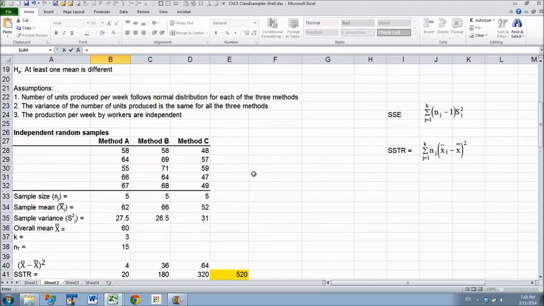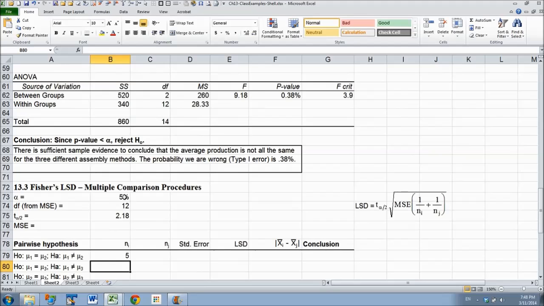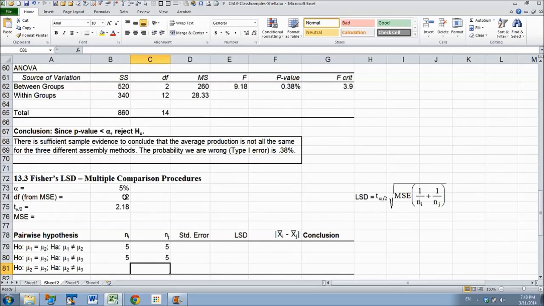So n sub 1 is B33 and C33 is n sub 2, and B33 and D33 is 1 and 3. Then C33 and D33 for 2 and 3. In this case, of course, they are all the same value.